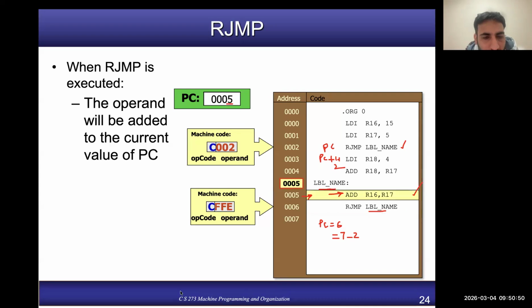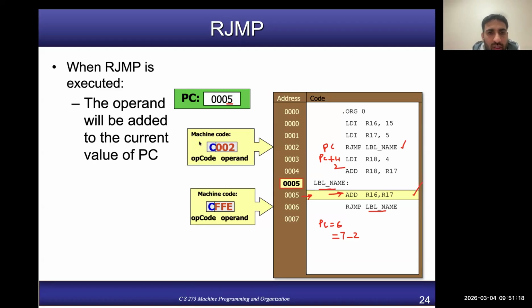Is there a question? So the arithmetic to find the difference between the two code addresses is done automatically. Yeah, that is true. But in the exam or in the quizzes, we can ask you, if let's say you have R jump label name, then I can ask you what will be the value of the displacement? And you can find it depending on where the label is.